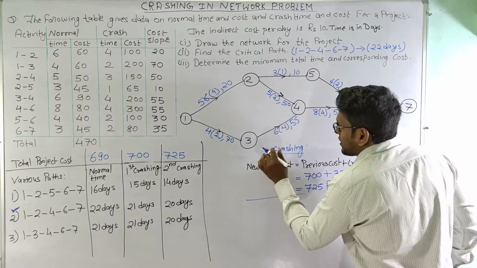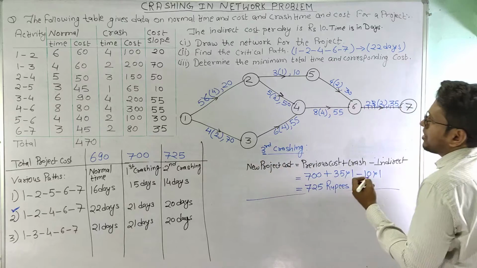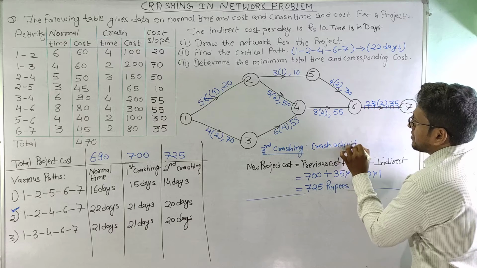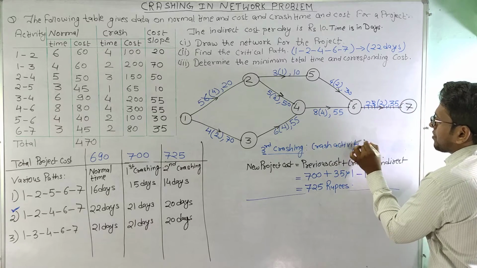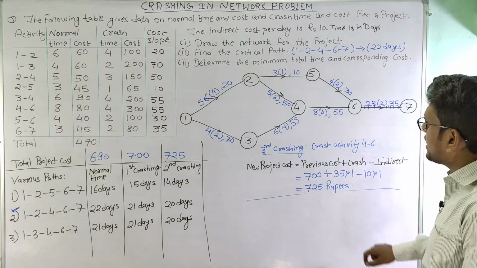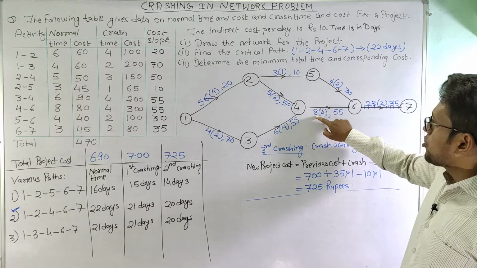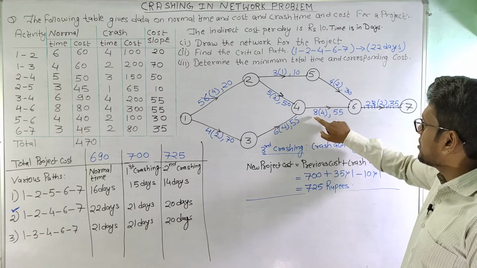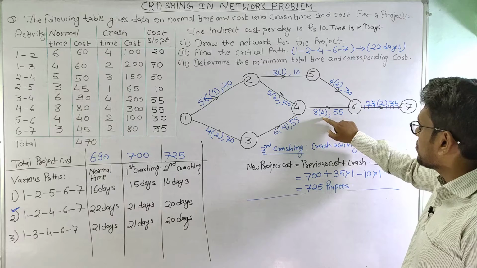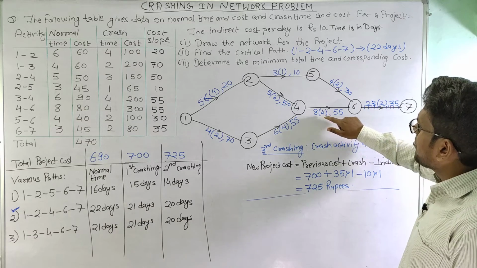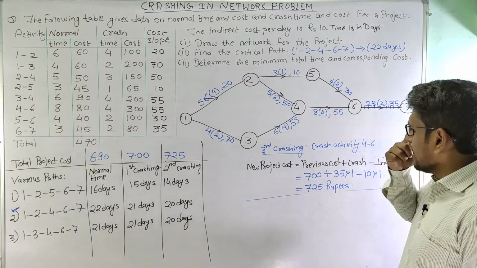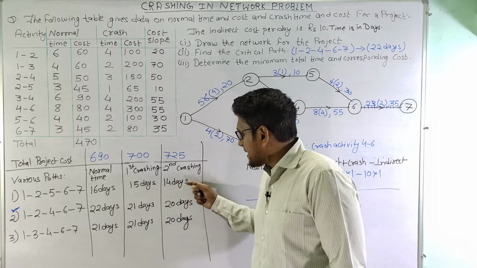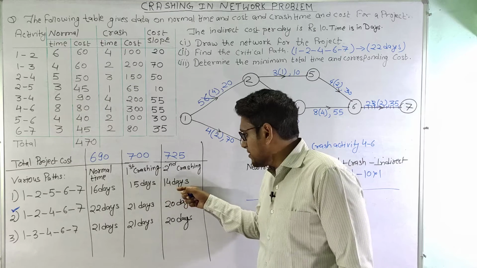So it is clear that for the third crashing we are going to crash activity 4, 6. Now we can see that this activity has a normal time of 8 days and a crash time of 4 days. So this activity can be crashed a maximum of 4 days, and we can see here that the difference between the second path is 6 days.